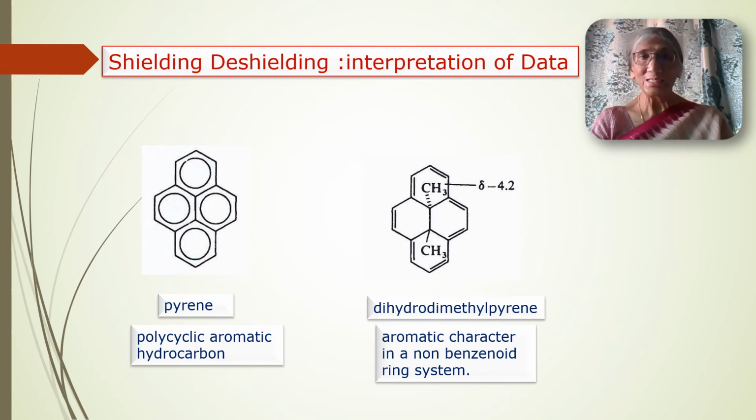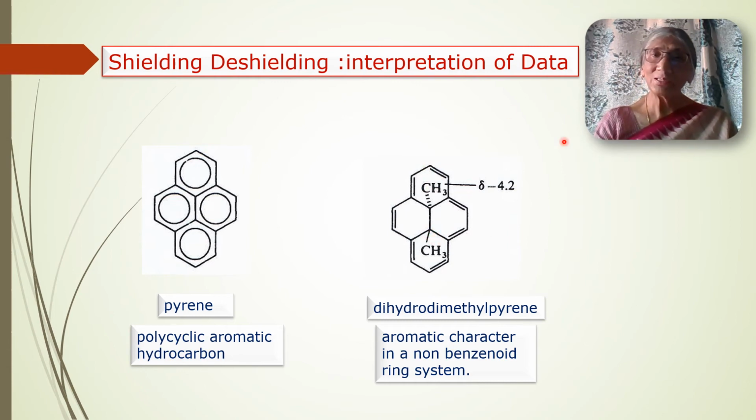We know that pyrene is a polycyclic aromatic hydrocarbon. This is pyrene, a polycyclic aromatic hydrocarbon, and its derivative is dihydrodimethylpyrene. The two methyl groups here are added.